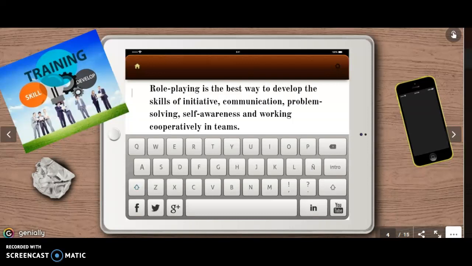Role plays are important learning activities in which students assume a role to practice a variety of language skills. Role-playing is the best way to develop the skills of initiative, communication, problem-solving, self-awareness, and working cooperatively in teams.